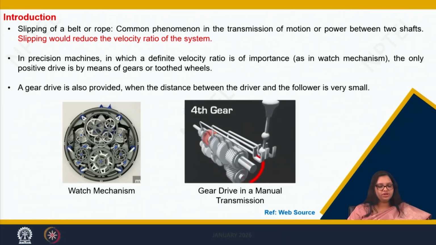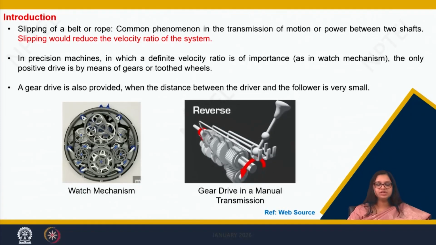Now, coming to what toothed gears are. Well, we understood in the last class about belt drives. There we saw that there are two pulleys and a belt which passes over them, which transmits power from one pulley to the other. One is a driver pulley, another is a driven pulley.